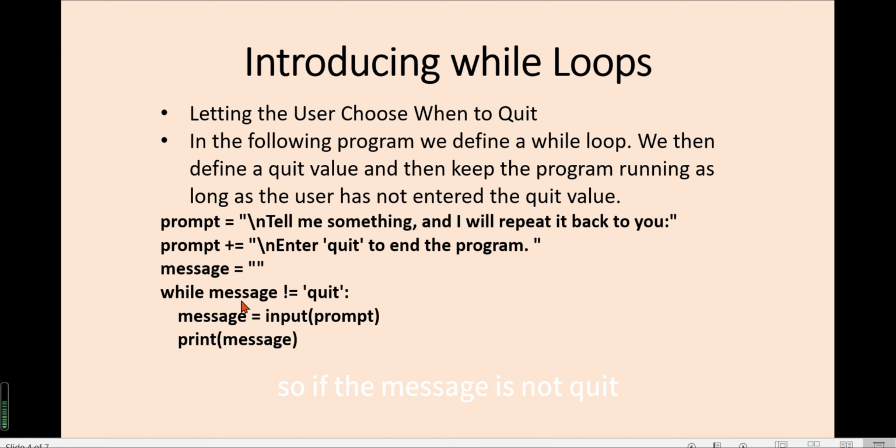So if the message is not quit, then we'll assign the user input to message, and we will print message. Then go back to the while loop and check again the message's value. If this time the user still does not put in quit, then we will assign this user input value to message again and then print the message.